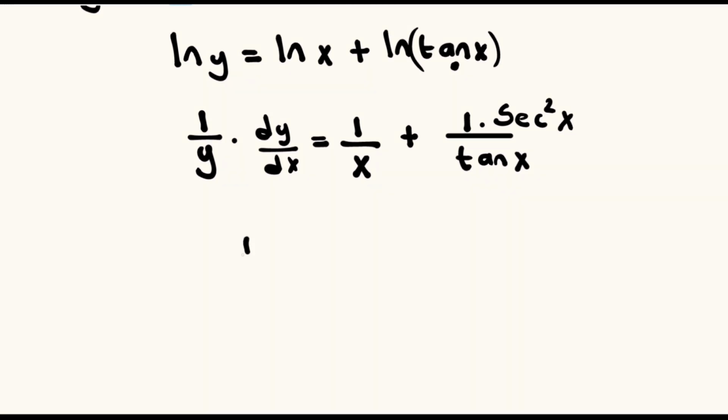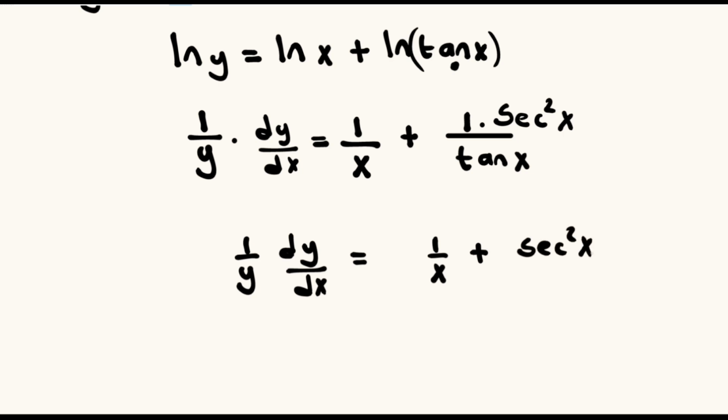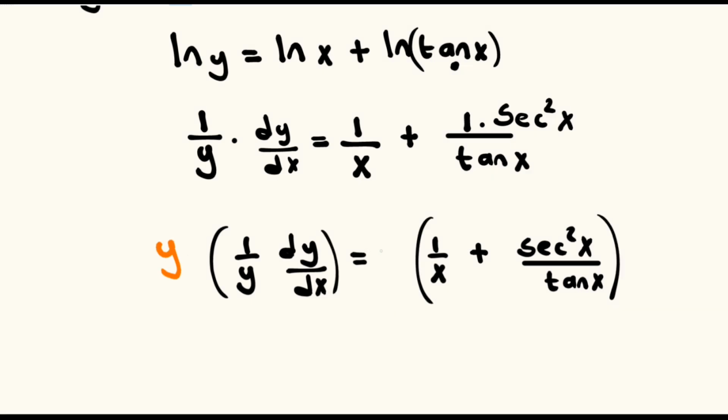So we have 1 divided by y multiplied by the dy over dx, which will be equal to 1 over x plus the sec squared x multiplied by 1, which will be sec squared x divided by the tan x, and we are going to multiply both sides of the equation by y, as that y and that y will cancel out.